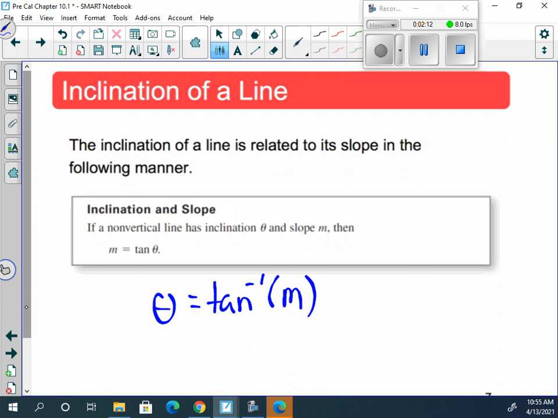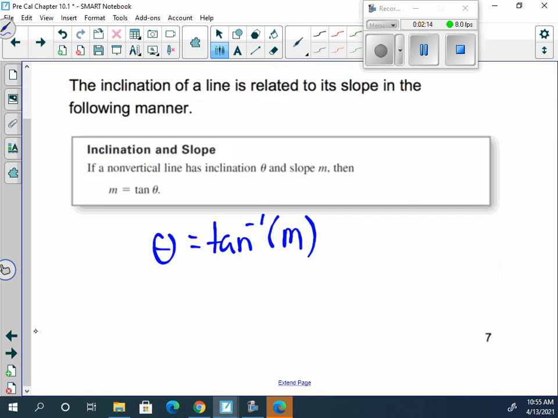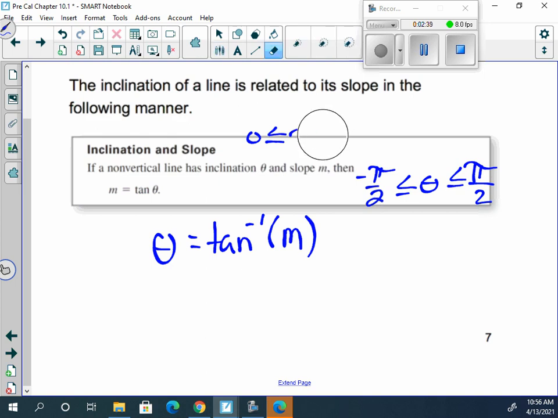Now, tangent inverse is restricted on the interval of negative pi over 2 less than or equal to theta less than or equal to pi over 2, which is fine, but because the angle of inclination that we're looking at is theta less than or equal to pi, anything that ends up between negative pi over 2 and 0, we're going to have to turn into a positive angle.